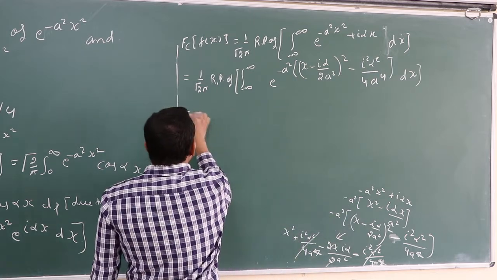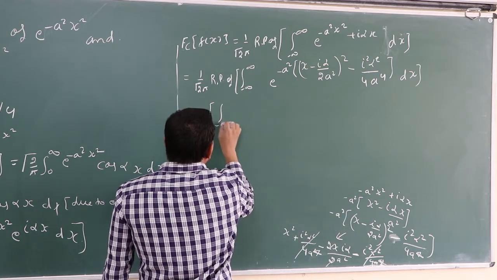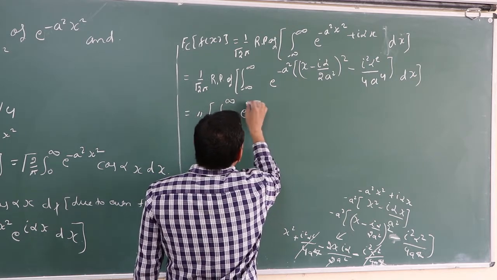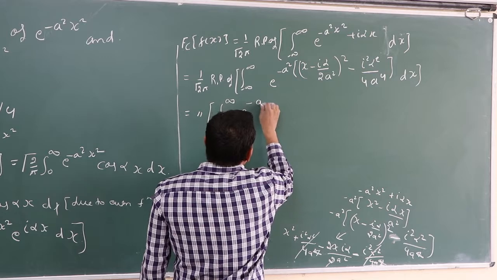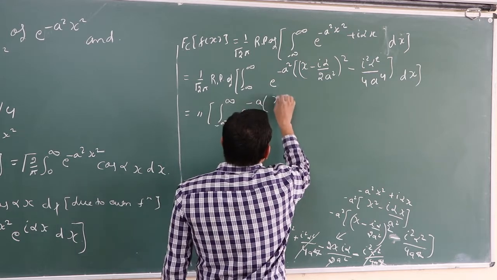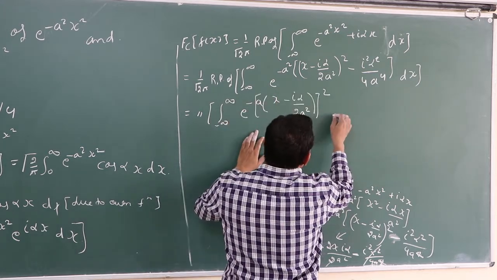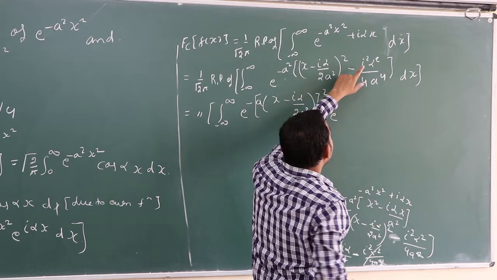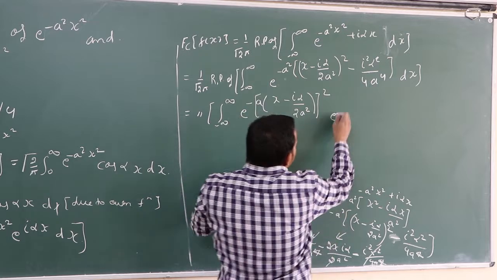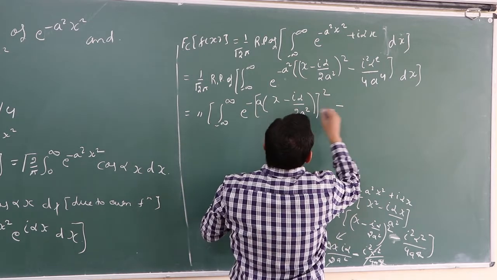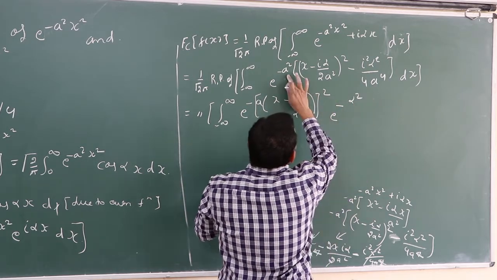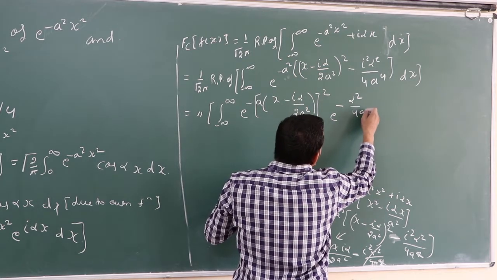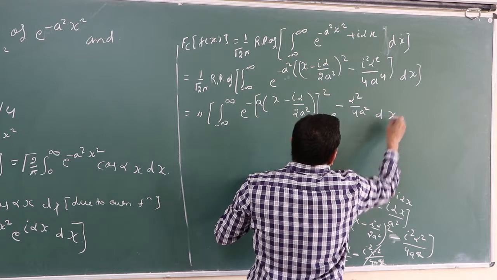Simply we can write integral from minus infinity to plus infinity, with a to the power, minus times minus gives plus, and this is i square so minus again, so minus alpha square upon 4a square, dx.